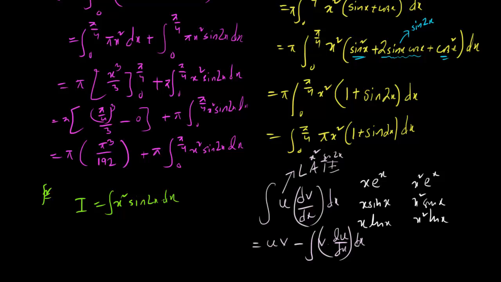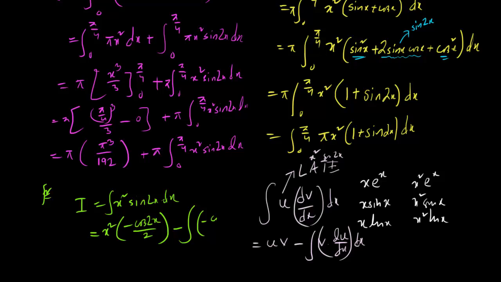So when we write u is x squared and dv by dx is sine twice x, if you want to find v, that is going to be the integration of dv by dx. The integration of sine 2x is minus cos 2x divided by 2. Remember the chain rule. That is v, minus the integration of v du by dx.